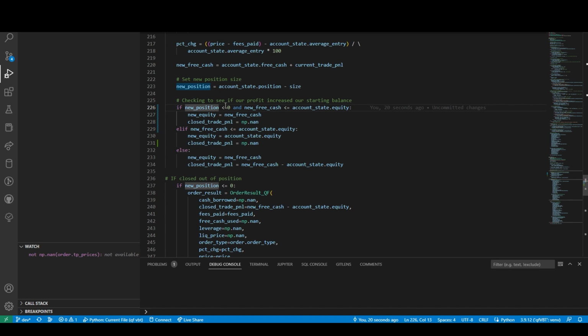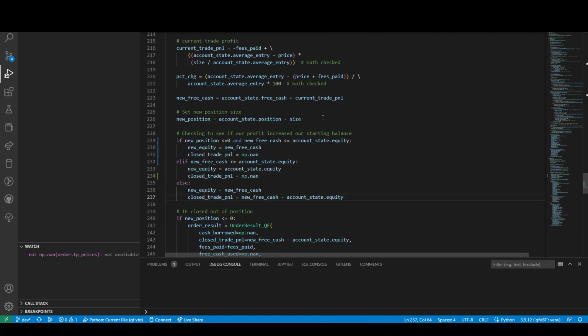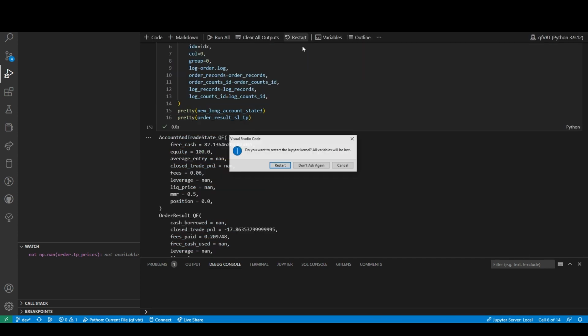Else, if the position is greater than 0, and the new free cash is greater than this, then we have new equity this. Yeah, I guess that works. This is getting very, very ugly.